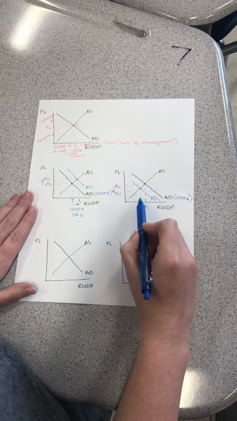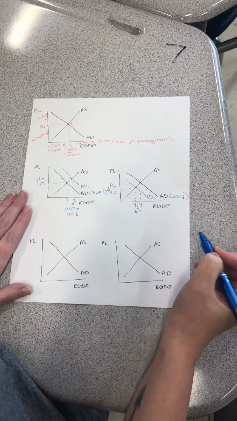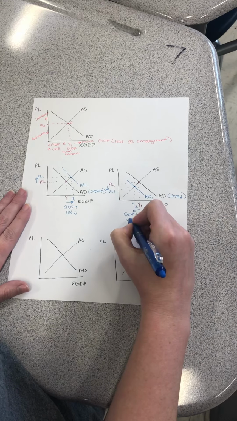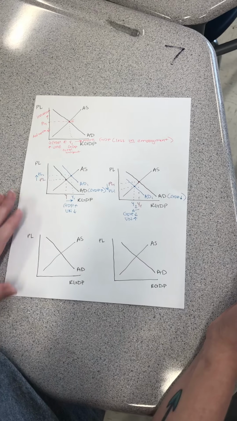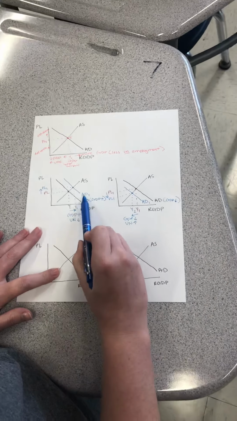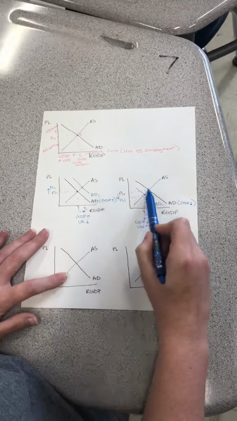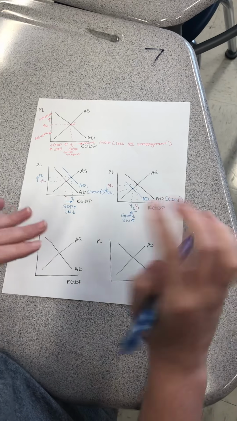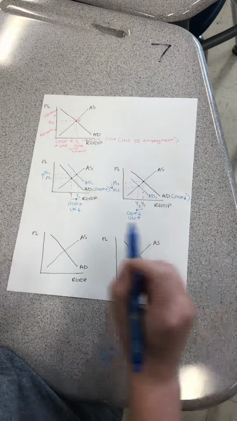I'll do Y2 down here. Here, you can see that our output has gone this way, which means GDP has decreased, so unemployment has increased. So changes in aggregate demand, if we increase, we get inflation. If we decrease, we get unemployment. This goes back to the idea that inflation and unemployment are on that seesaw trying to balance.